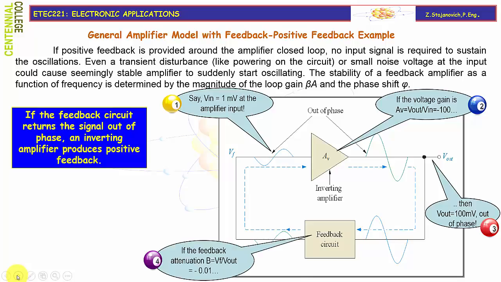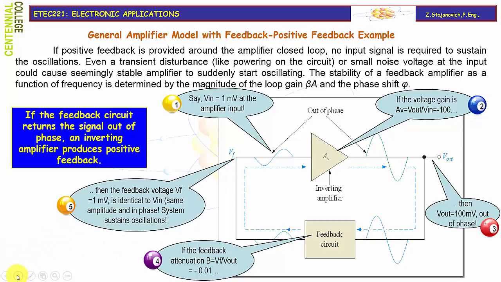Now, if the feedback attenuation, which is the ratio Vf over Vout, is negative 0.01, then the feedback voltage Vf becomes 1 volt, which is identical to Vin, same amplitude and in phase. System sustains oscillation.